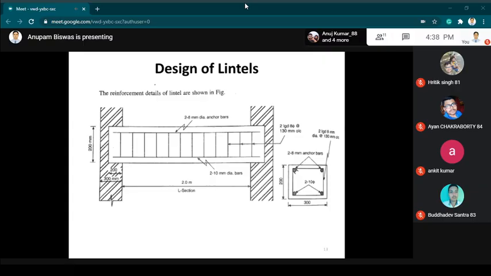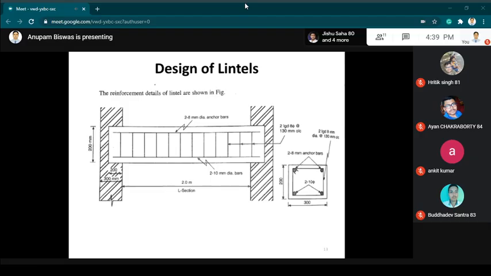The total overall height of the beam is considered 200 mm, and two numbers of dia 10 mm at tension zone, and two numbers dia 8 mm at the anchorage, as the anchorage bar is provided at the compression zone, and two-legged stirrups of 8 mm bar are provided at a distance of 130 mm center to center.